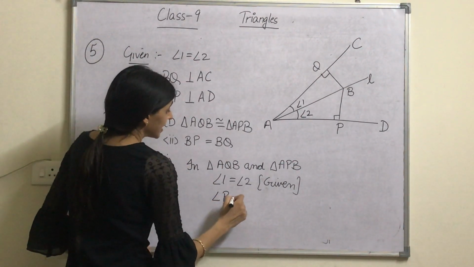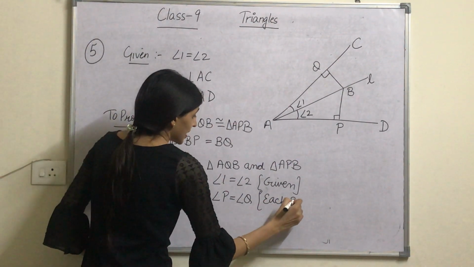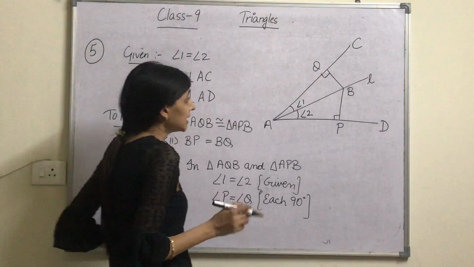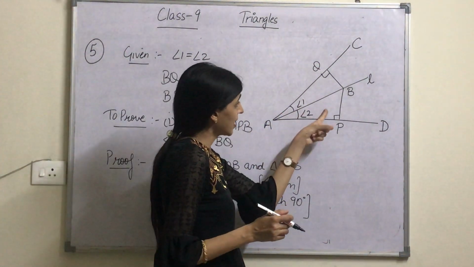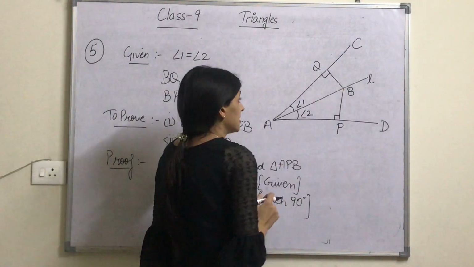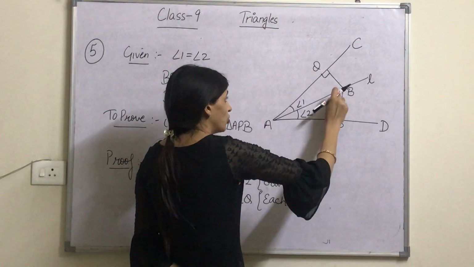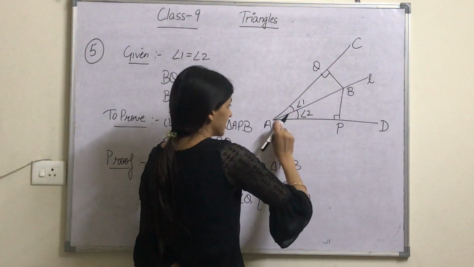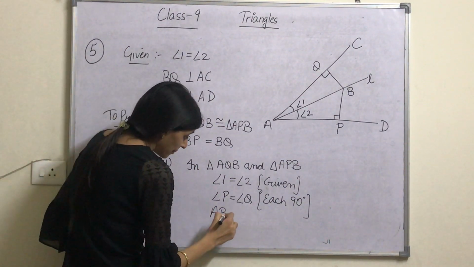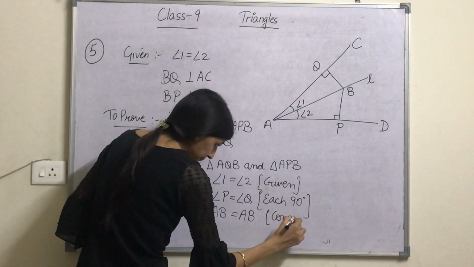Similarly, angle P is equals to angle Q, each 90 degree. This you also know. The third thing which is common in both the triangles is this AB. This AB is common as this AB lies in triangle AQB also and this AB lies in triangle APB also. So you can write AB equals to AB, common.